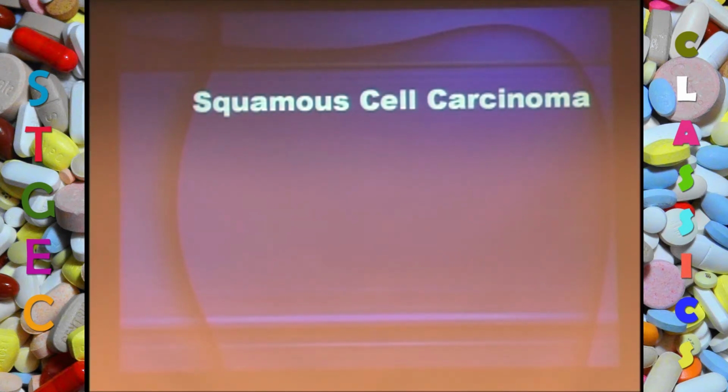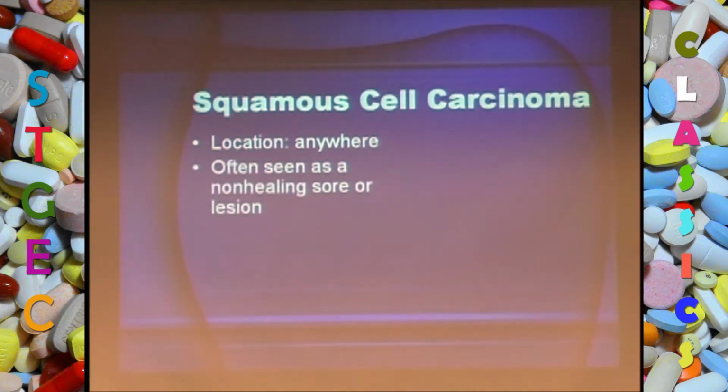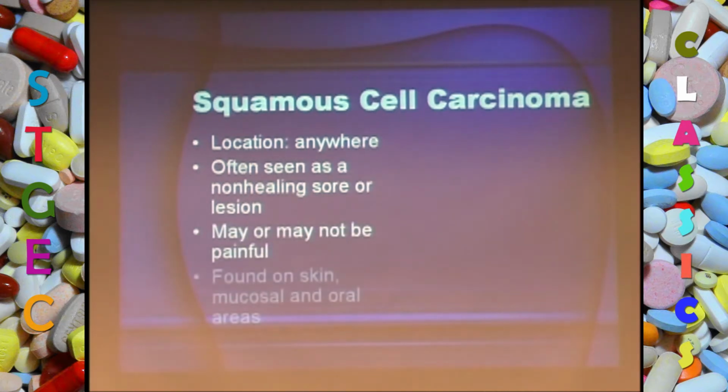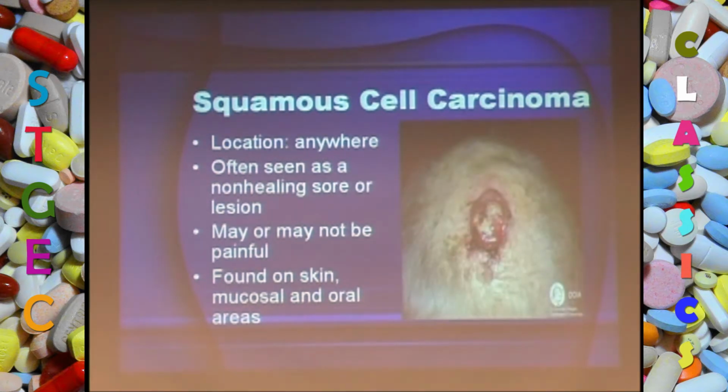And then you have the squamous cell, which is another type of lesion. Not quite as common, but certainly a prevalent type of skin malignancy that you should be aware of. And these are a lesion that you will see in a variety of areas. And again, those of you who are involved in doing mouth care, it's not an uncommon area to find these on the tongue, on the buccal surface of the mouth, on the face.